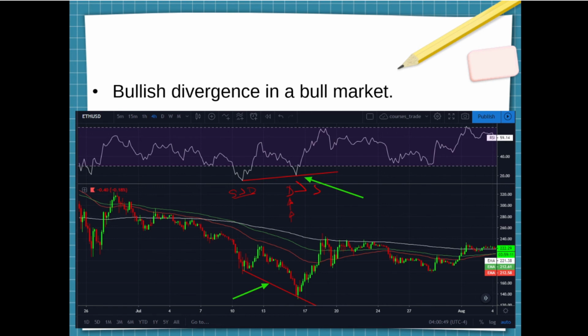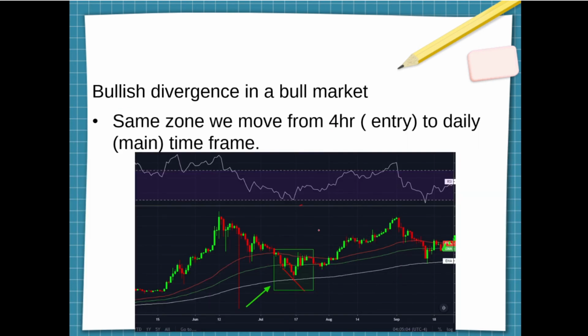This is a bull market. This is where we got it. This is a bigger time frame, probably the daily or weekly time frame. Same zone, we move from the 4-hour time frame to the daily time frame. So you would have entered here and probably ridden that thing all the way up here. This is how powerful that thing is. As you can see, we are oversold on the daily time frame.